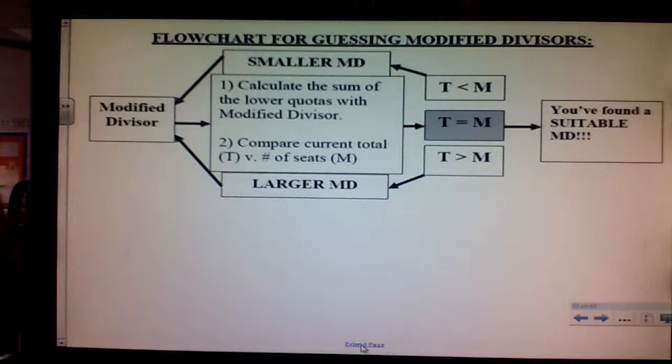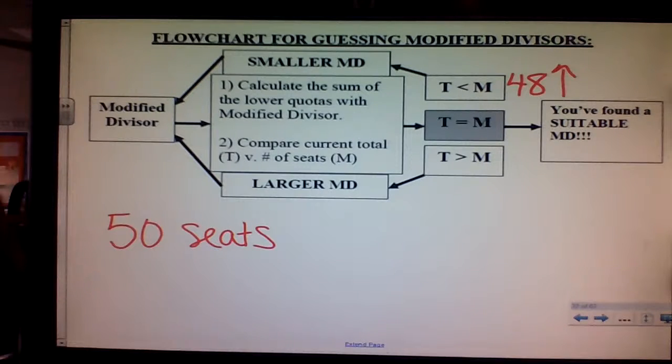So, how does this all work? Let's say that I'm giving away 50 seats. I calculate my lower quotas, and let's say that I get 48. I need 48 to go up, so I need to guess a modified divisor that is lower.